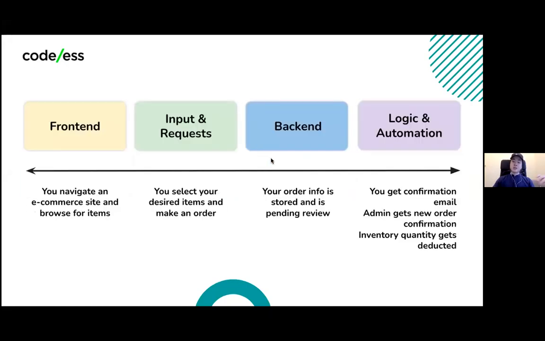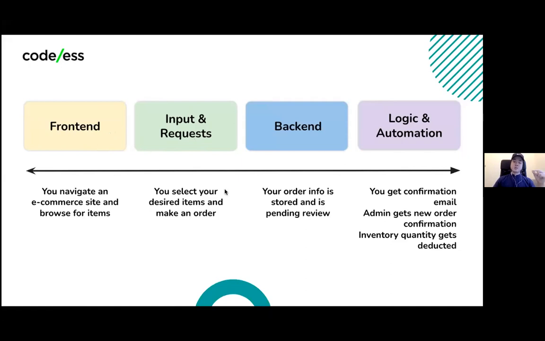So I'll show you guys an example, right? Let's say we are visiting an e-commerce site, and you go to ecommerce.com. There's their front end. You'll be able to see their website, all the items they're selling right now, and you're able to browse for the items. Once you select the items you want to buy and make an order, that is considered an input.